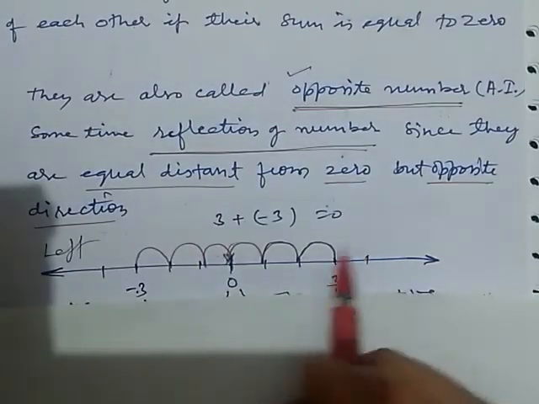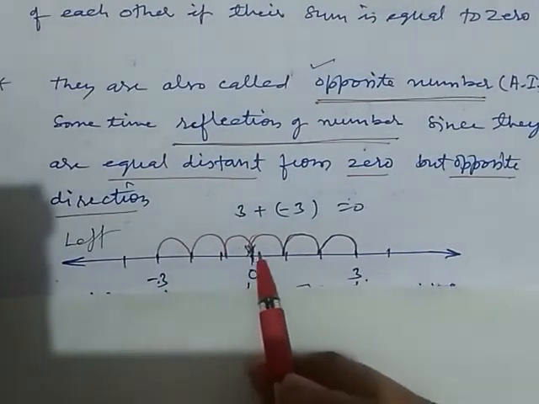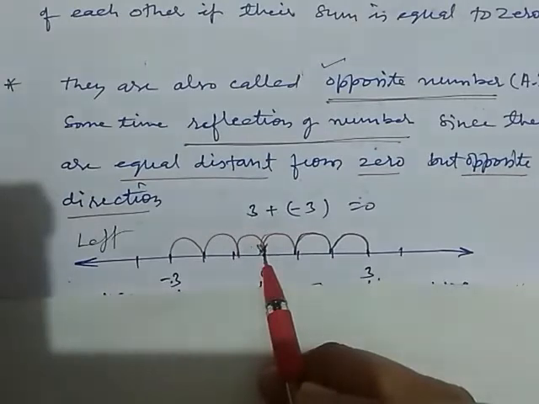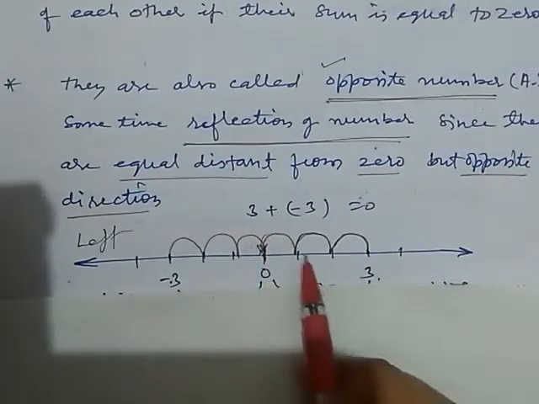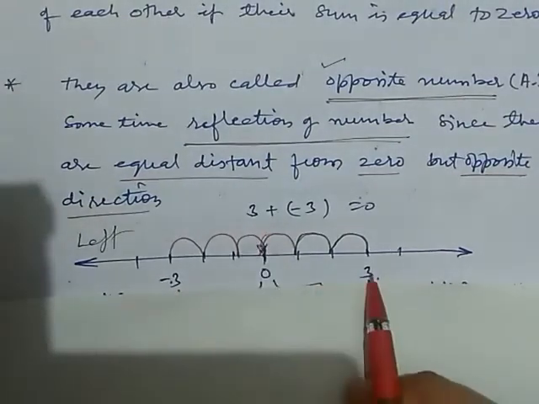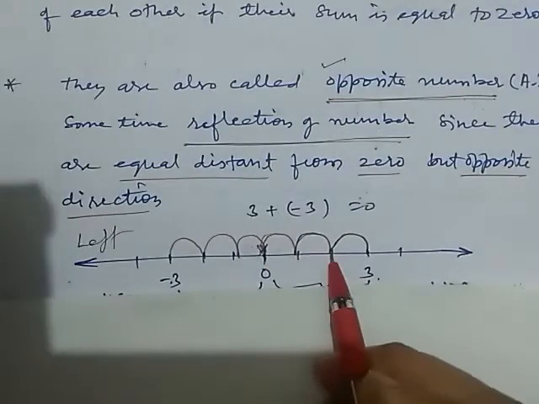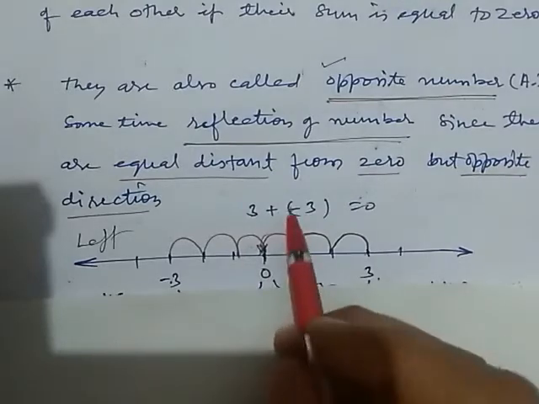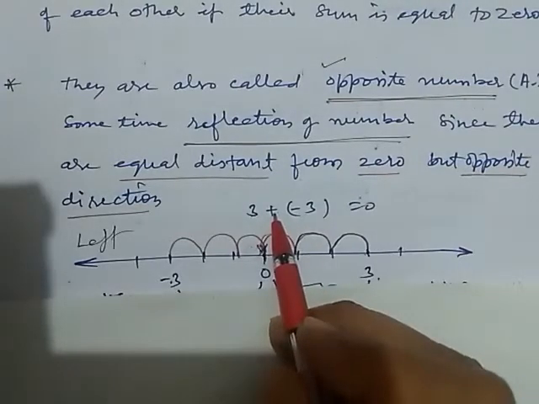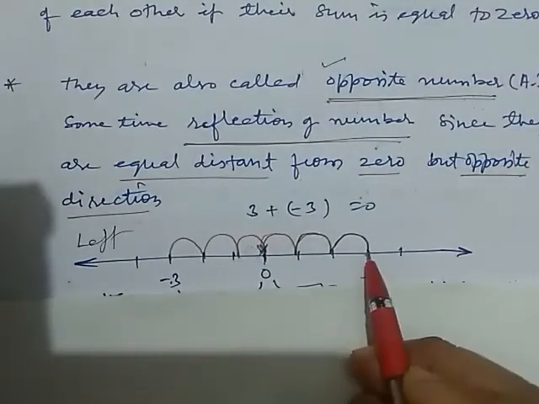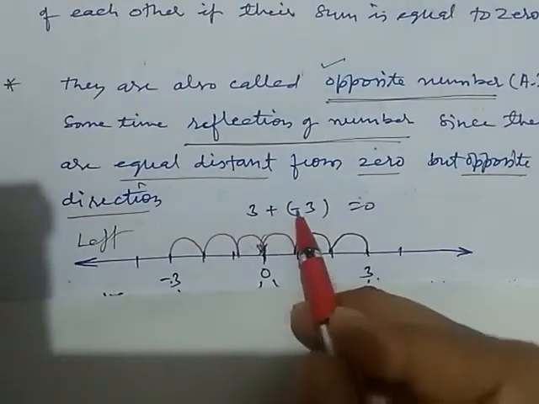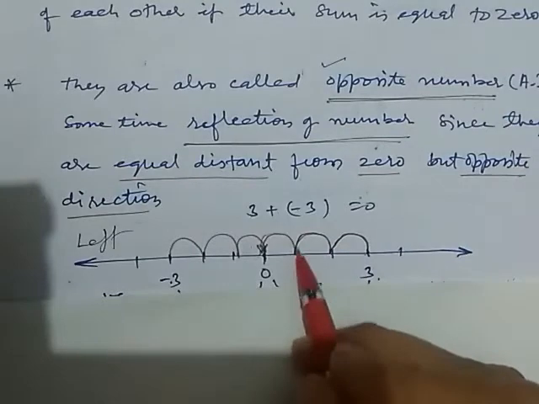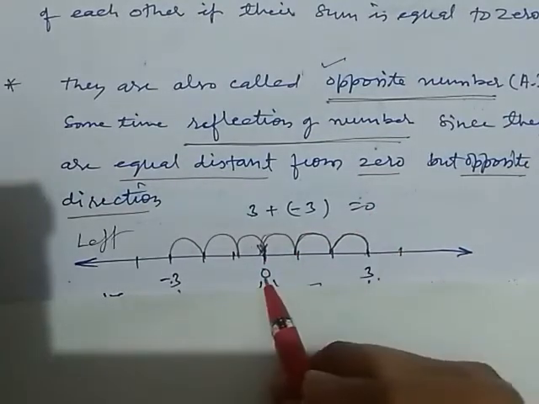Here is our number line. This is the 0, and first we plot 3. 3 means 1, 2 and 3. Now we want to add minus 3. So start here, and minus means this left direction. So 1, 2 and 3. We get 0.